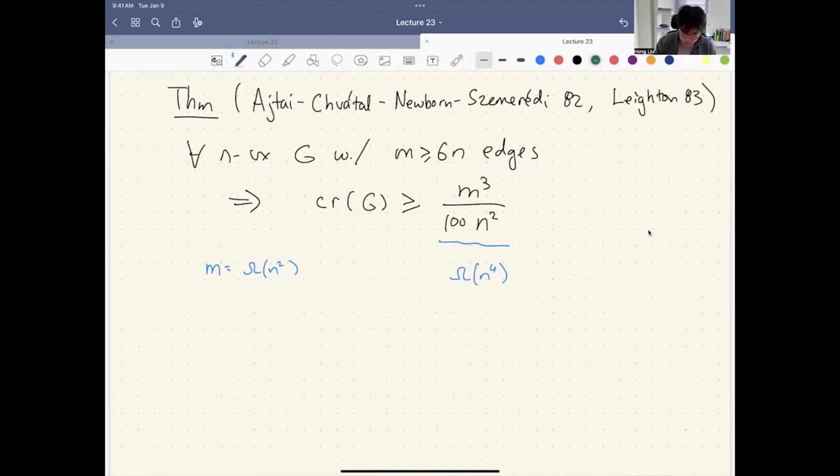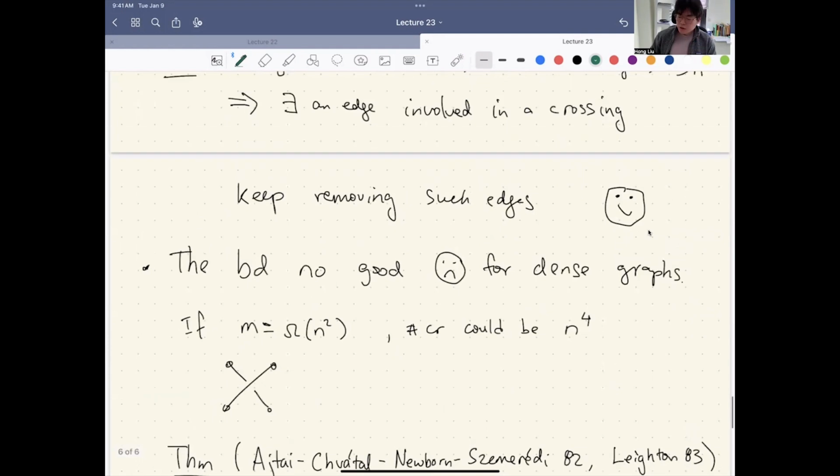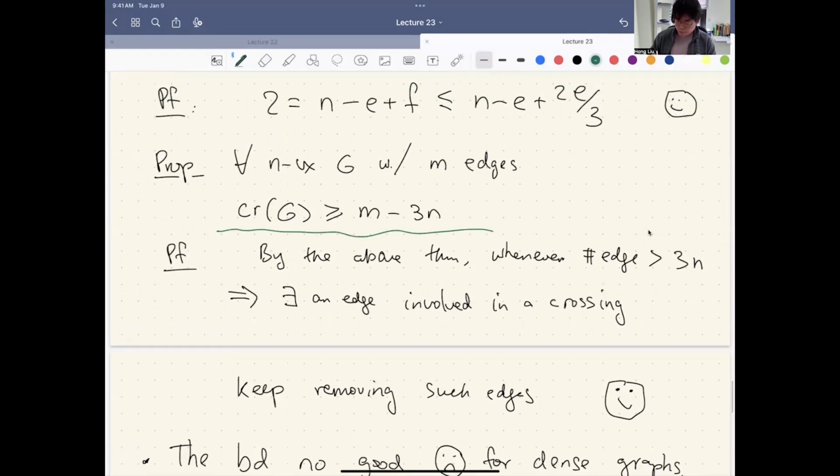The idea is sampling to bootstrap the basic bound. So the basic bound, I mean this basic bound. So let's say heart. What do I mean by that?